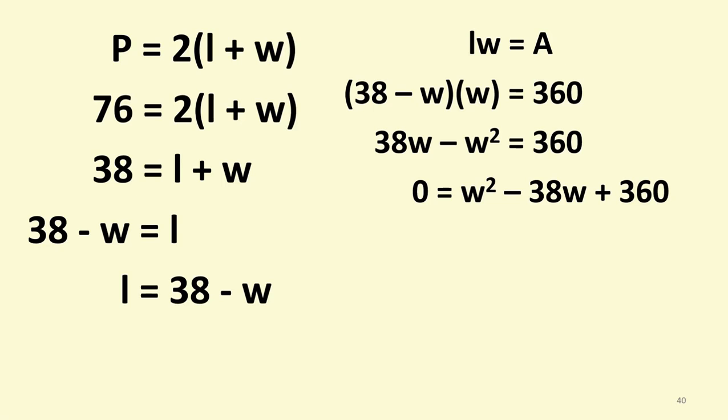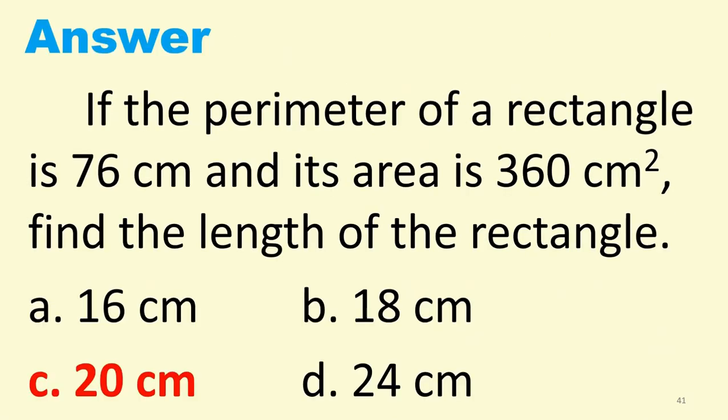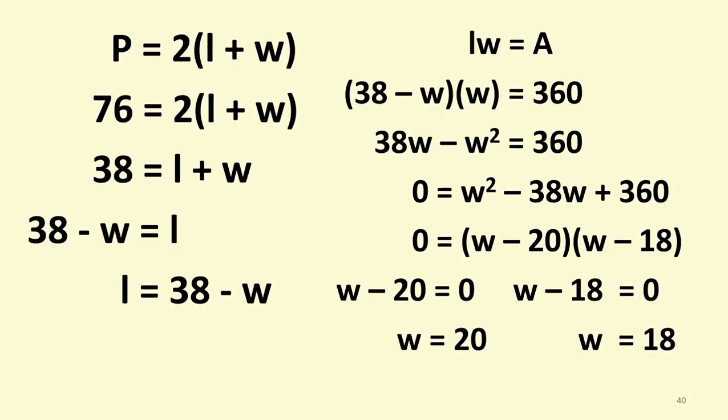Factors of 360 that when you add give negative 38. We have negative 20 and negative 18. Therefore, it becomes the quantity of w minus 20 times the quantity of w minus 18 equals 0. Solve for w, you will get w equals 20 and w equals 18.